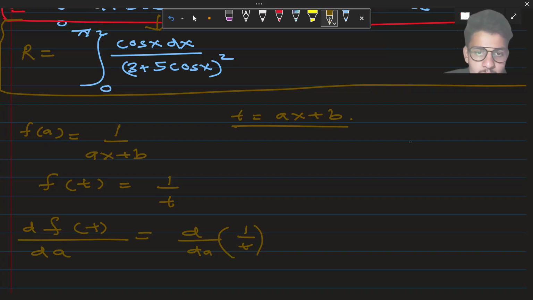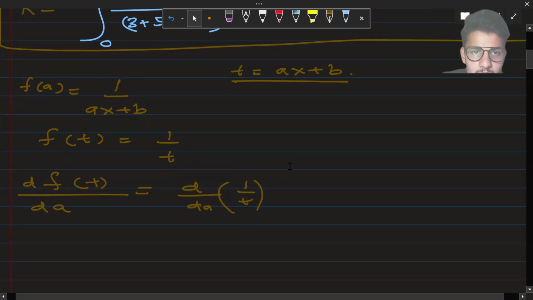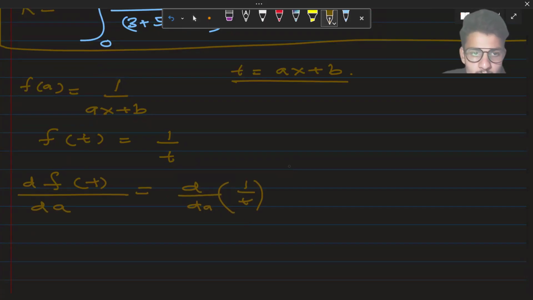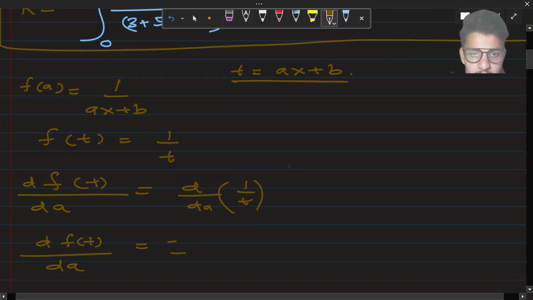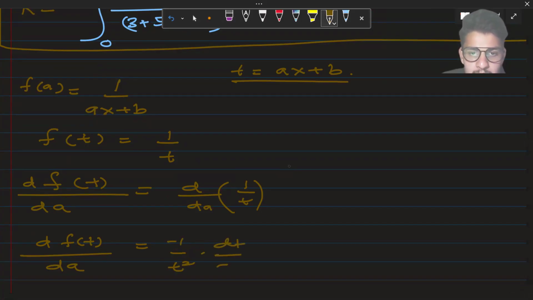So in this scenario, when you expand this, what will you get? d of f of t by dt comes as minus 1 by t square into dt by da.